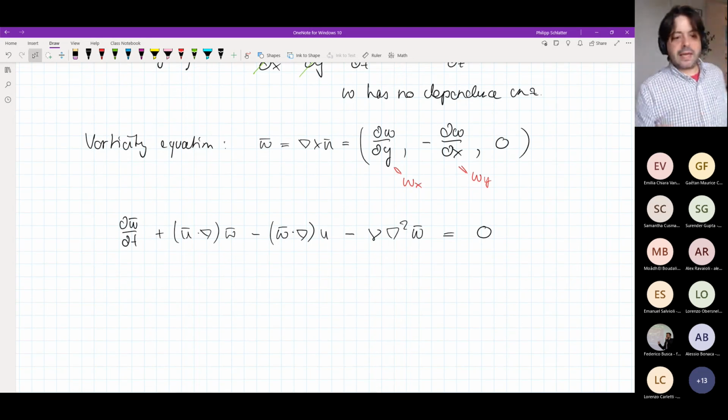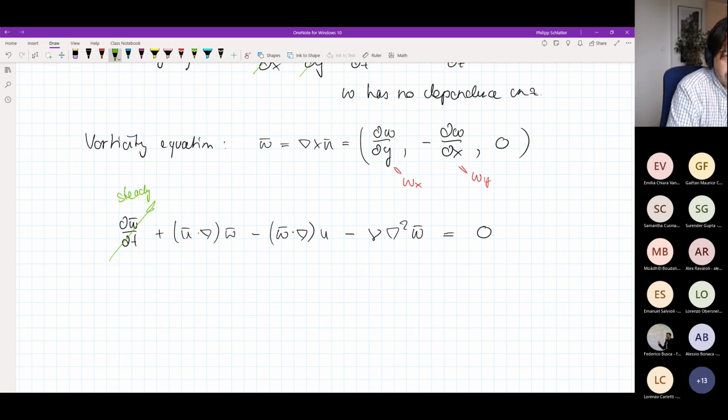Now, again, I can take my green pen, and since we have already reduced the vorticity quite a bit, and we know a little bit more about what velocity components are actually present and which ones are not, we can take away most of the terms. So the first one goes away because we talked about a steady problem.